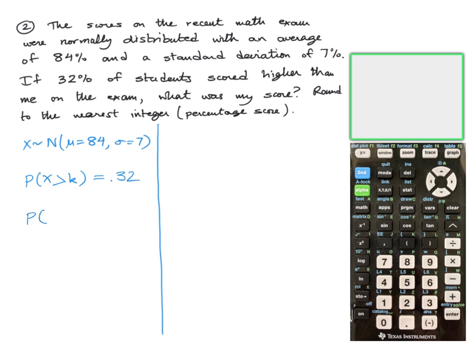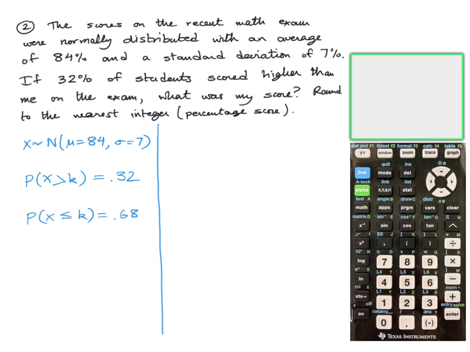I need to write it as the probability that x is less than or equal to k equals, well, if 32% were bigger than my k, then 68%, which is 0.68, and I did that by doing 1 minus 0.32, or 100% minus 32%, so 68% will have a score lower than my score, whatever my score might be.